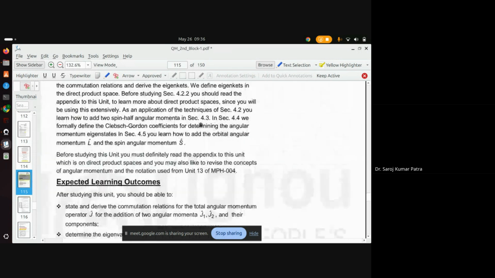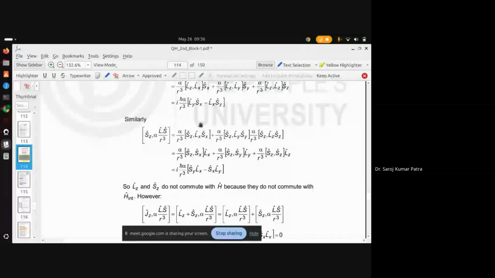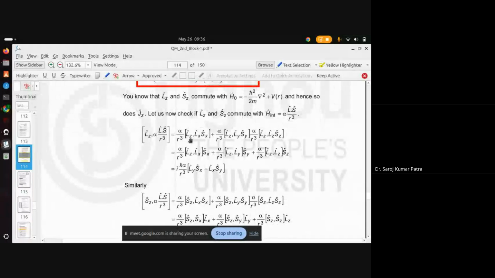So with that, we come back to our calculation over here. What will be the commutator of Lz with L dot S? We have one term, the commutator of Lz and Lx, then Lz and Ly, and Lz and Lz. Lz with Lz is 0 anyway.